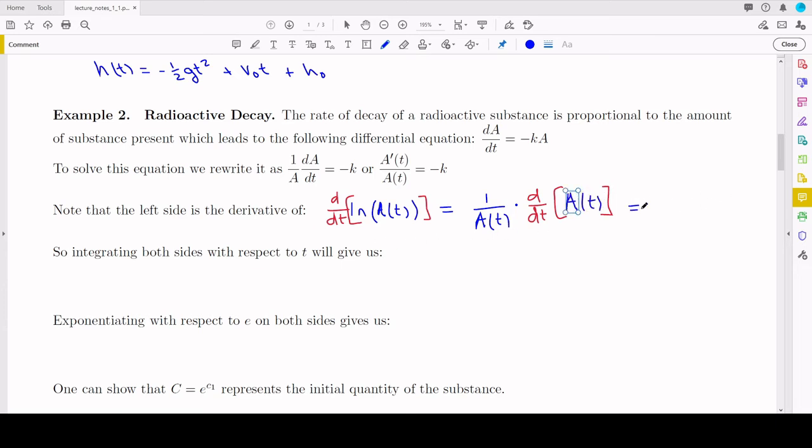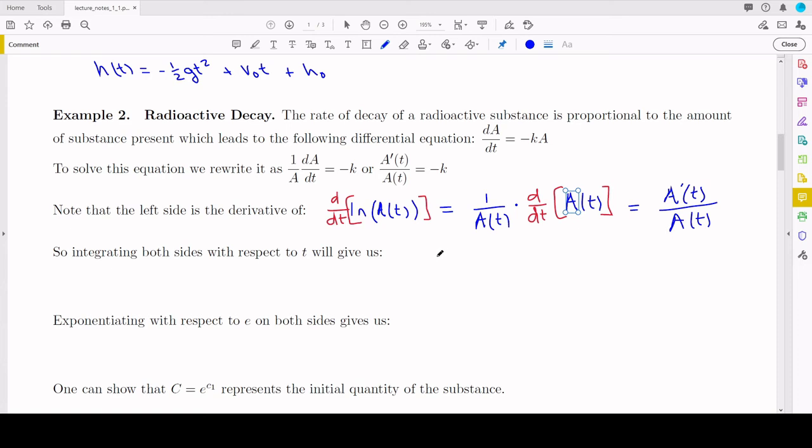The final answer there is that A prime of t over A of t is this derivative. So that means that this part can be replaced by this right here on the left-hand side.